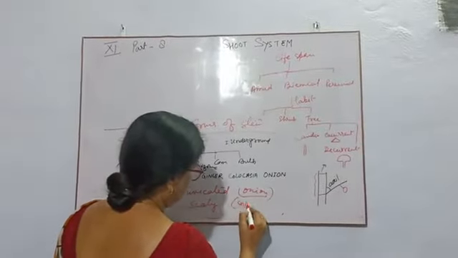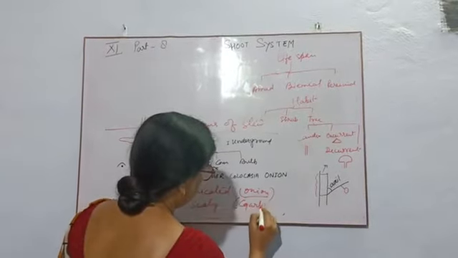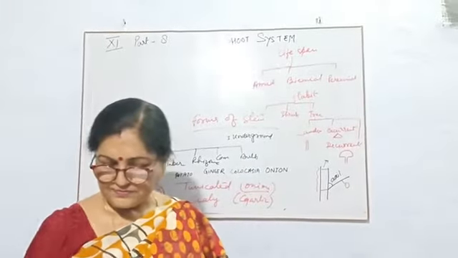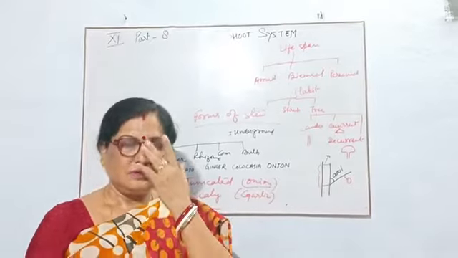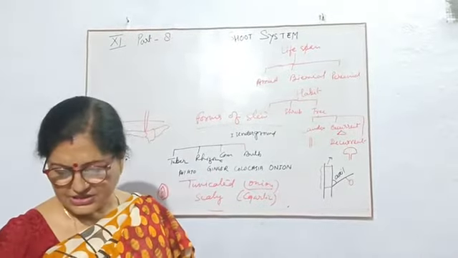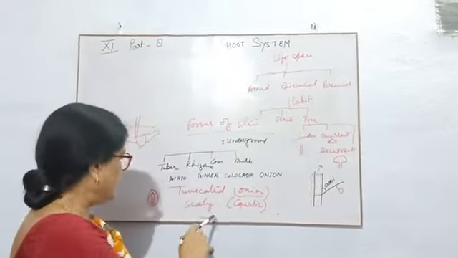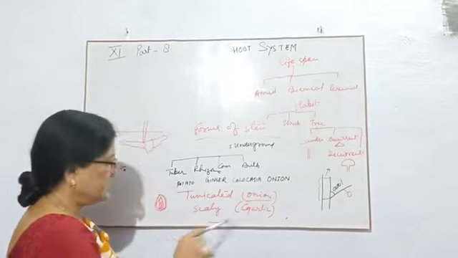Example of scaly is garlic. Garlic, children, you have seen, all the bulbs are getting narrow. They are overlapping each other through their margin, and they form a combined bulb shaped structure. This is known as scaly.